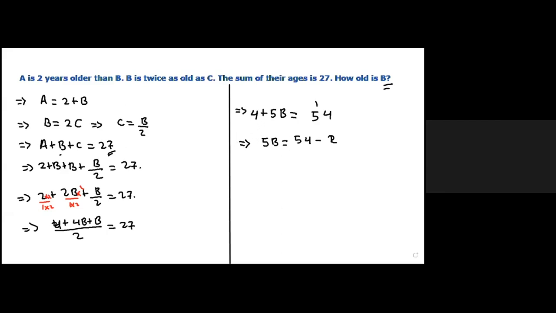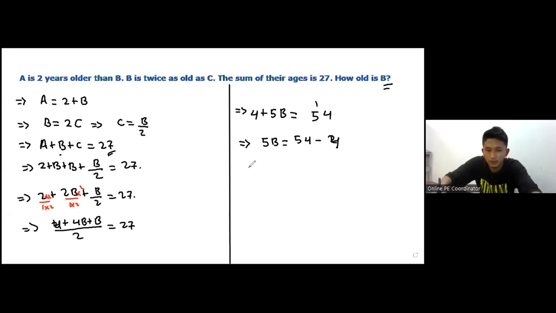So 54 minus 4 will give us 50. So B will be equal to 50 divided by 5, which is 10. So the value of B is 10.